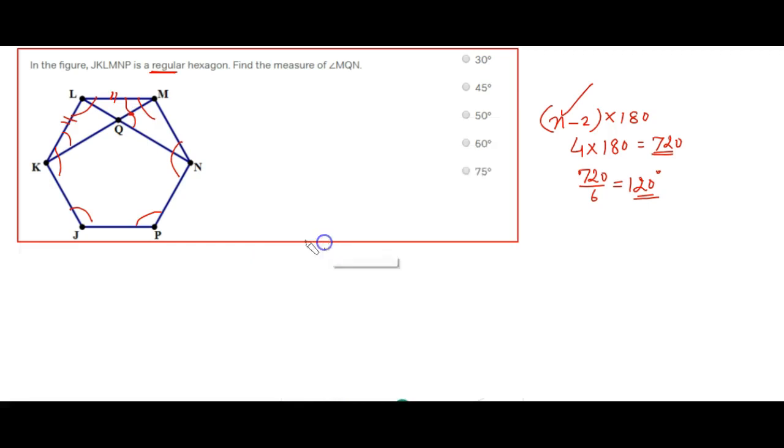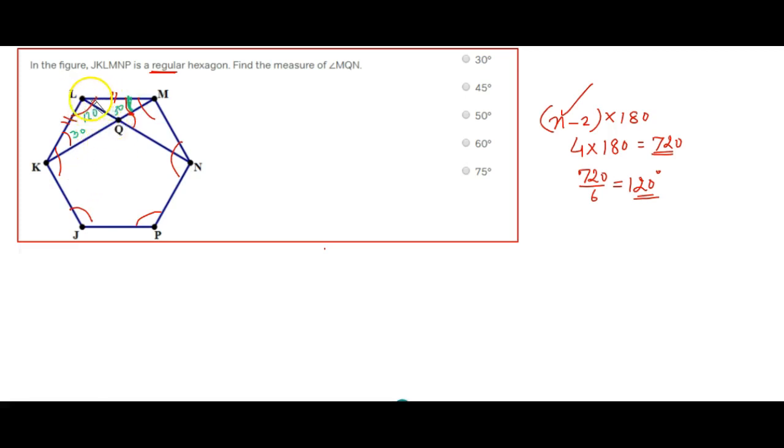So base angles are equal and this angle is already 120. So what will be the measurement of these angles? 30 each. 30 plus 30 is 60, and 120, that is 180. So the sum of the angles of a triangle is 180. So this angle we got is 30.